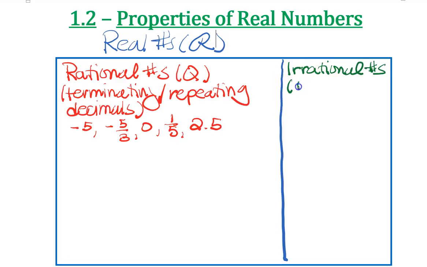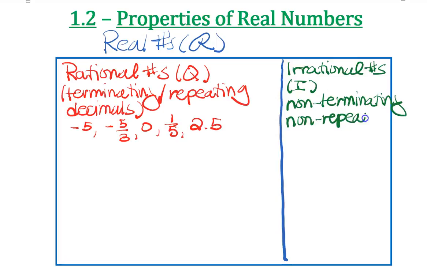The abbreviation for irrational numbers is I, and these are your non-terminating, non-repeating decimals. There's one really famous irrational number, and that number is pi. Pi is a non-terminating, non-repeating decimal. It goes on forever and ever and ever.